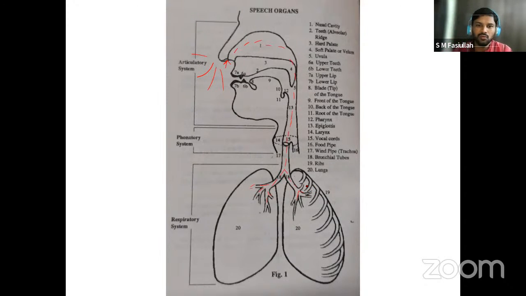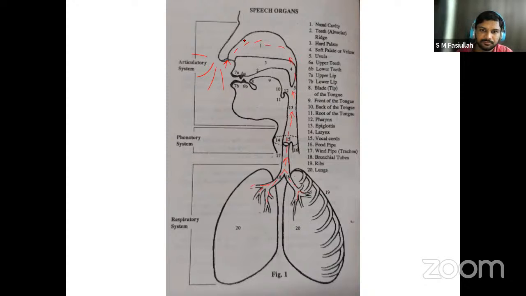Okay, this is how the air is entering the lungs, and then after it is processed, after the oxygen is taken, the carbon dioxide that is produced in the body is sent out through the same way, but in the reverse direction.